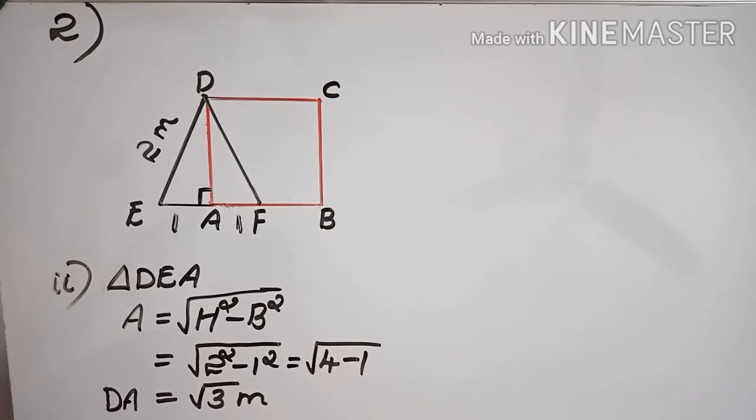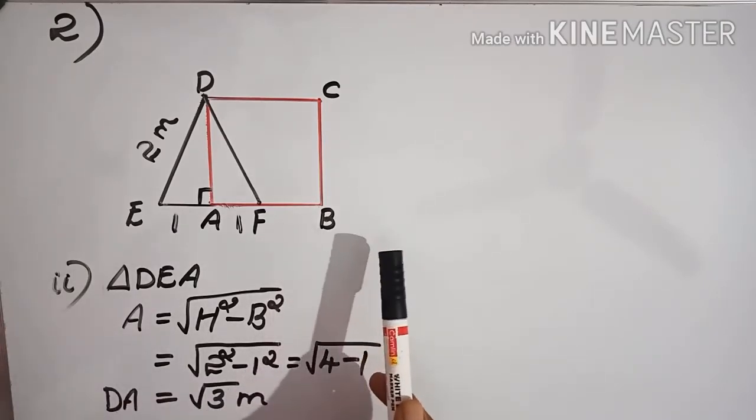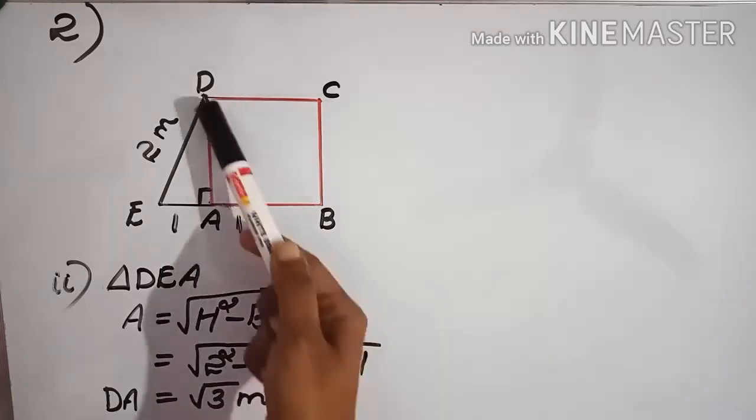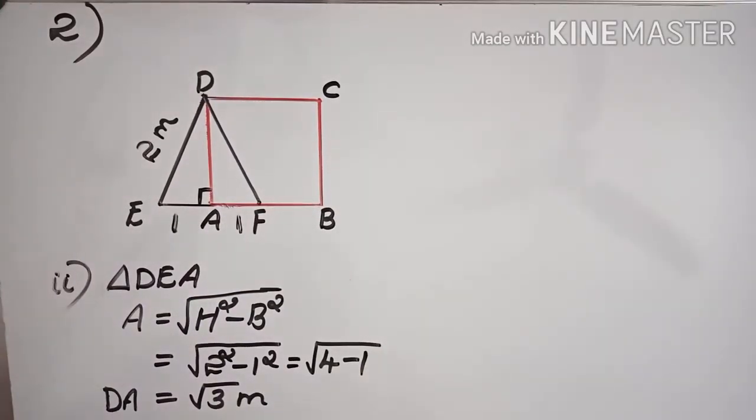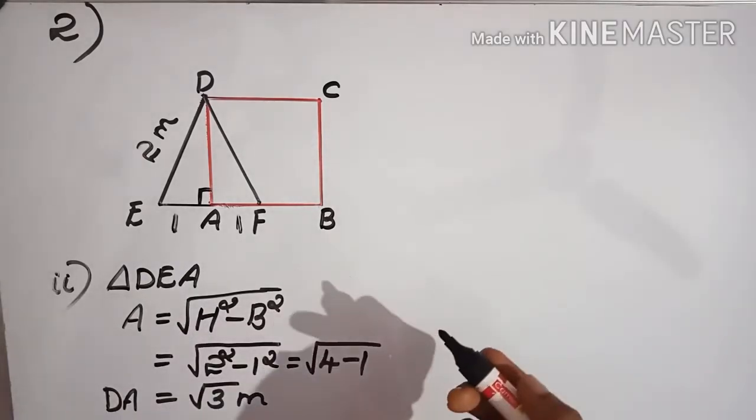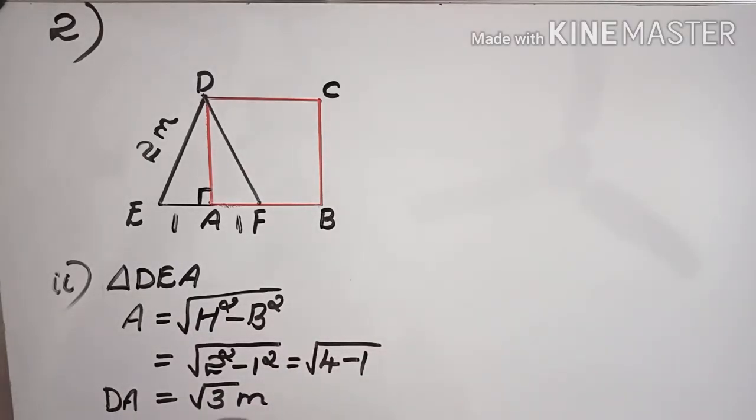Second sub question done. Now what is the first sub question? What is the side of the square ABCD? The side of the square is the same as the altitude, because DA is the side of this square. So for the first sub question, the side of the square you can write as root 3 meter.